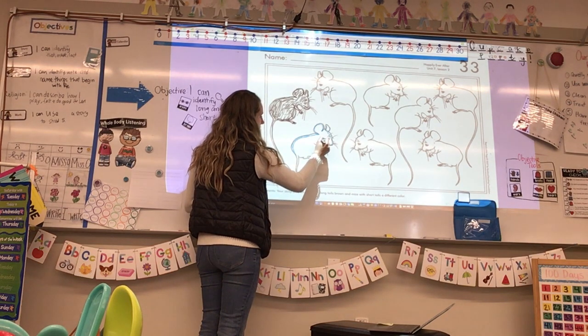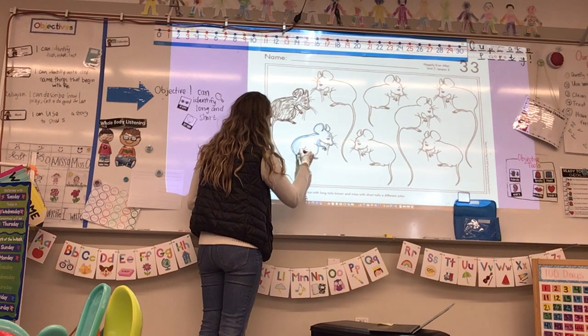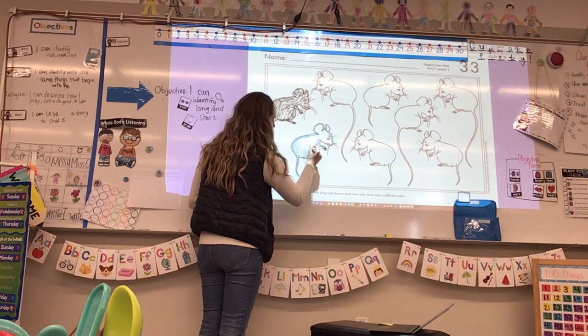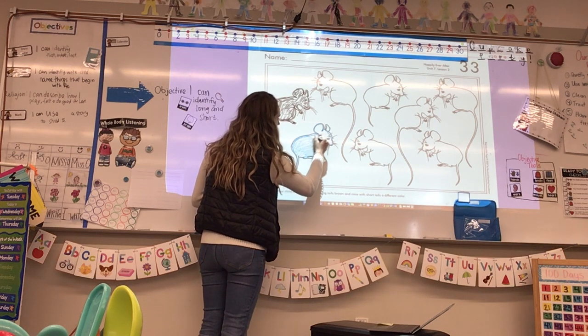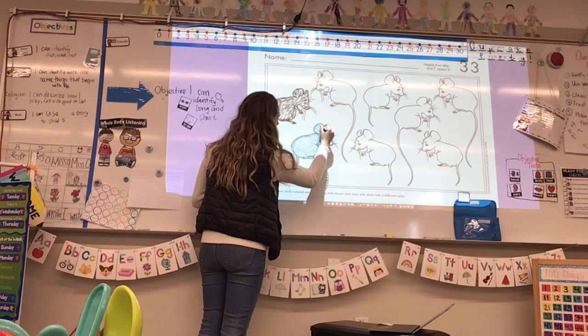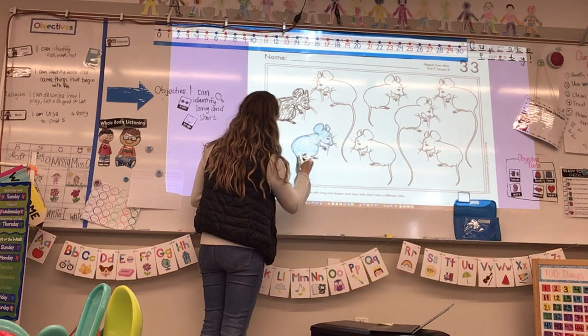And its little paws. And its feet. And his little tail. And then I would color that one in all the way as well, coloring in the lines with a color other than brown. So there's my little blue mouse with a short tail.